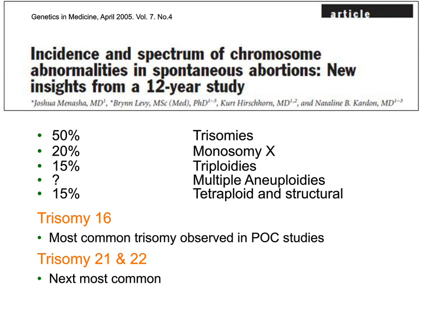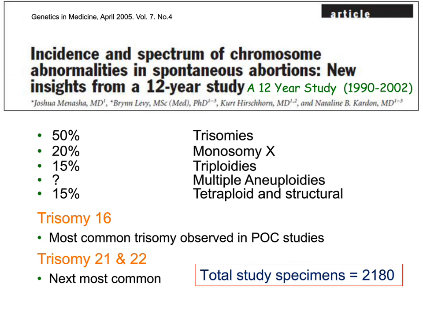So in this study, which was from 1990 to 2002, involving over 2,000 miscarriage specimens, we diligently made an effort to segregate out maternal versus fetal tissue. We concentrated heavily on villi. And what we found is when you change the setup and you diligently dissect out the fetal tissue, you see a difference in the proportion of the abnormalities that you analyze.